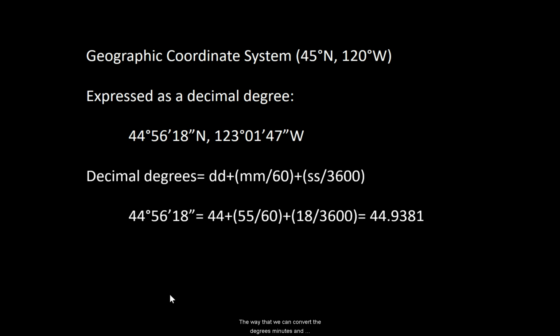The way that we convert degrees, minutes, and seconds into decimal degrees is that we take the degrees itself, and we add to that the minutes, 56, divided by 60, because we know that there are 60 minutes in 1 degree. And then we take our seconds and divide them by 3,600, the number of seconds in 1 degree. That allows us to convert our degrees, minutes, and seconds into decimal degrees. This is the workflow for doing this conversion.